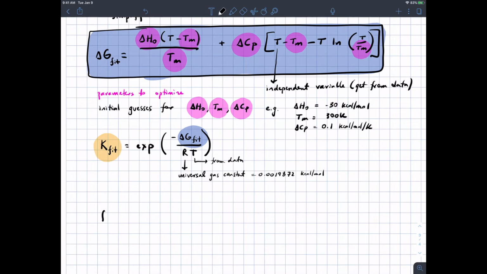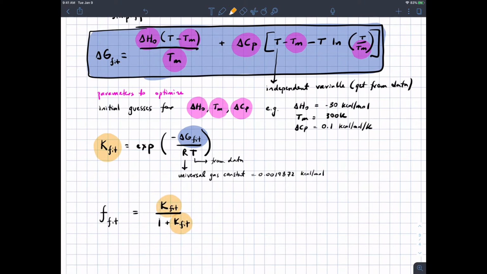And then, depending on, we're talking about a monomer equilibrium. If we were talking about a dimer, trimer, or tetramer folding equilibrium, we would change the form of fraction folded. For the monomer, fraction folded is equilibrium constant divided by 1 plus equilibrium constant.